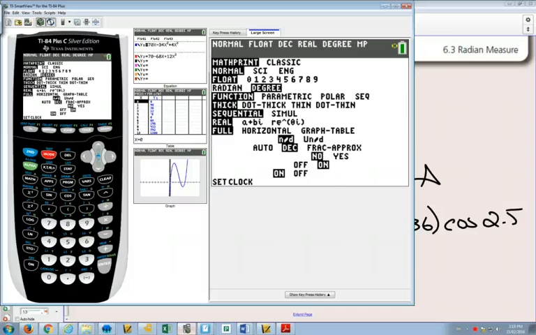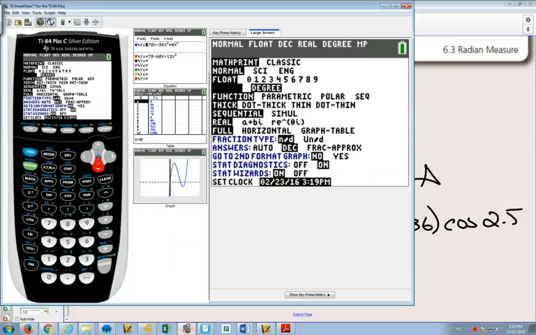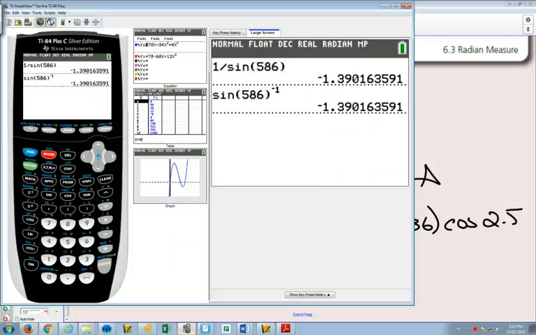We're going to have to make sure we go to our mode and change from degrees to radians. And now we can type this in, 36 squared plus 36 squared minus 2 times 36 times 36 cos 2.5, enter.